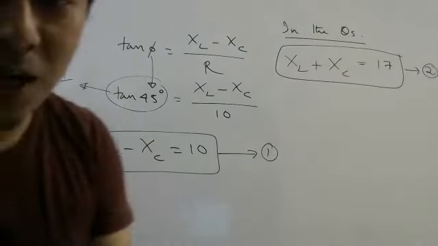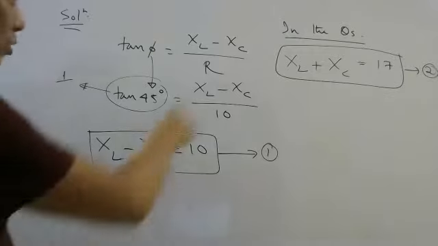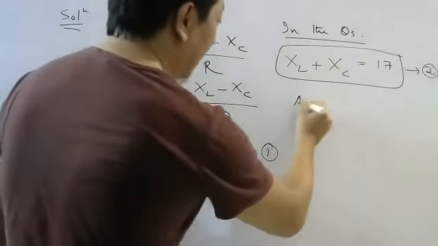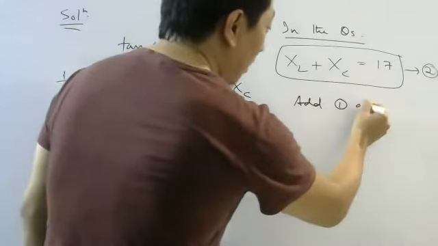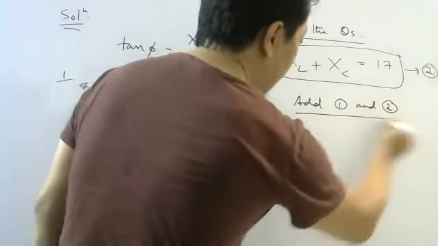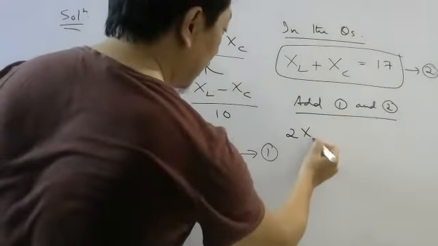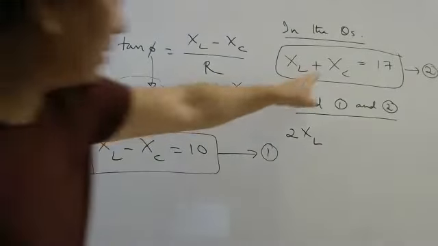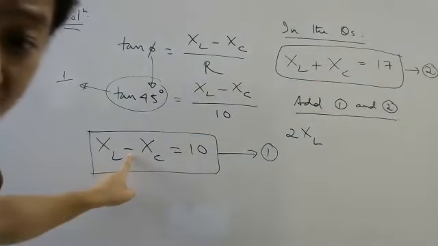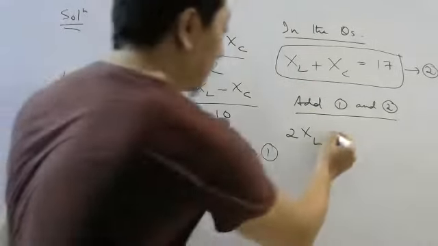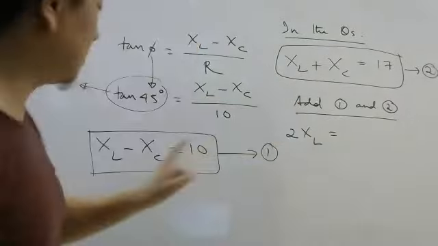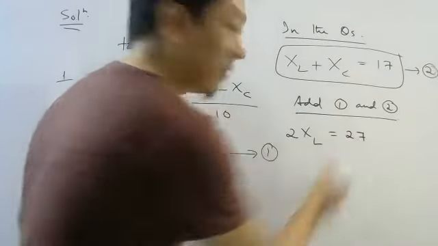Let us calculate XL first. So to calculate XL, I will add 1 and 2. So if you add 1 and 2, XL plus XL will be 2XL. XC plus minus XC will be 0. 17 plus 10 will be 27.